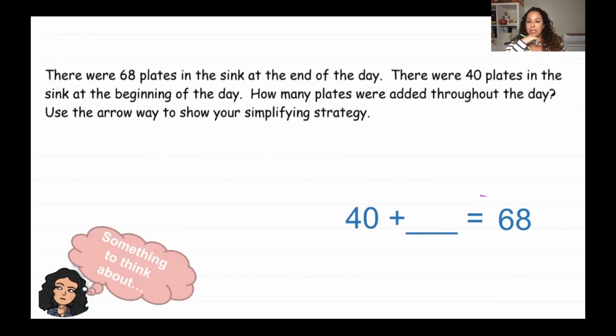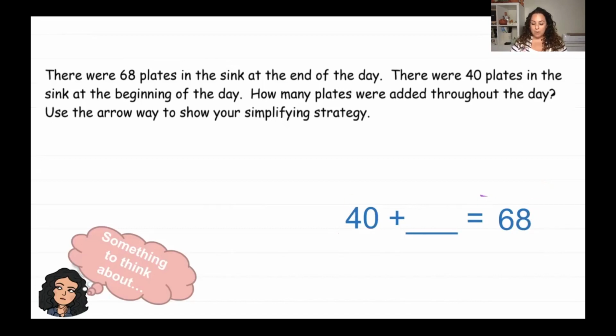Now, we've been working with number bonds, so we can use number bonds and we can use our arrow way. So I know that when I have 68 and it's the sum, I know that I have 2 parts. Now remember, when I have 2 parts, that equals the whole.